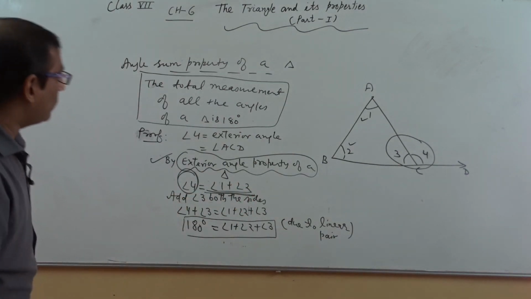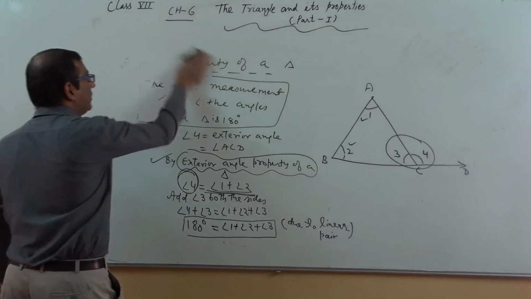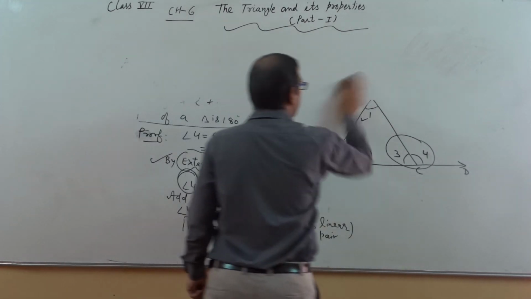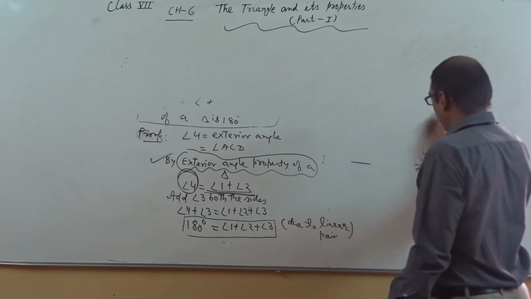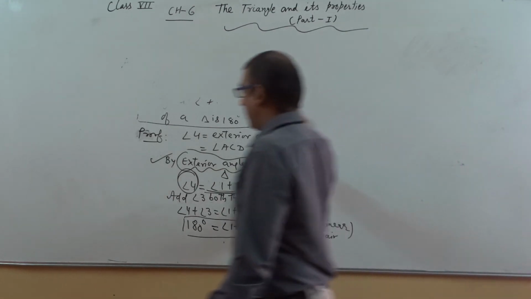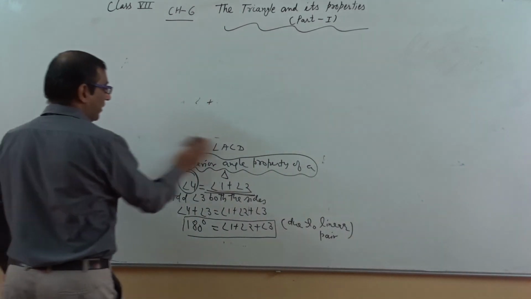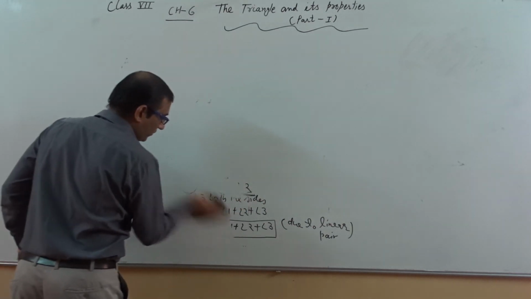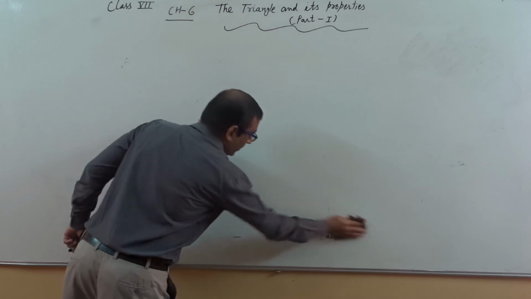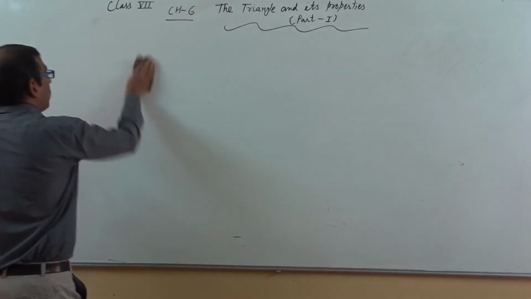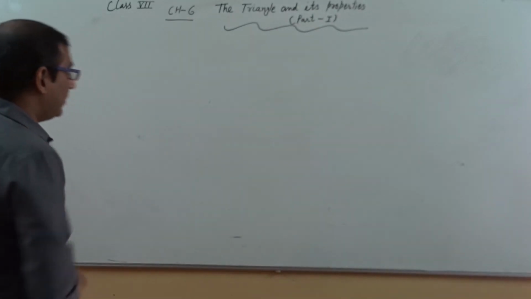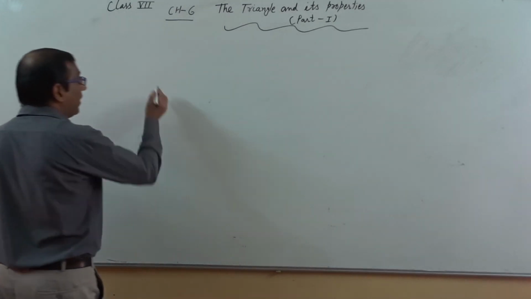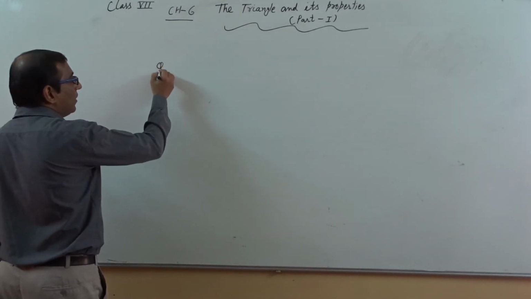Now I will solve one question which is related with this property. These two properties, the exterior angle property of a triangle and the angle sum property of a triangle, are very important. There are so many questions given in your book which are related with these two properties. So I am continuing with one more question that is related with the angle sum property of a triangle.